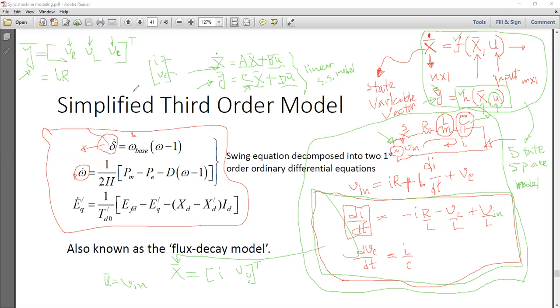Next VL. What about VL? It's not straightforward, right? I mean, you might require some manipulation, but at the first glance, it seems that VL is some function of, it's some differential form, but differential form is not allowed, right?